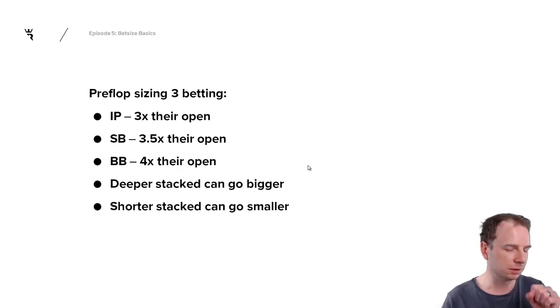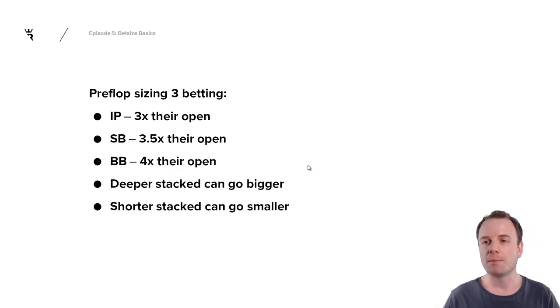Most pots are going to be all in by the flop or the turn, which means that our opponent's position is kind of negated in those kind of spots. So 3-betting smaller actually makes more sense and we give ourselves better odds.